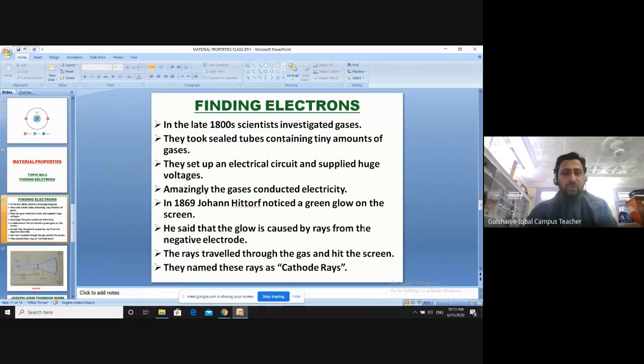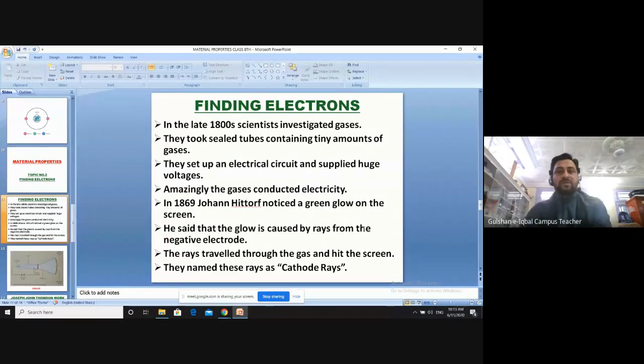He said that the rays travel through the gas and hit the screen. So he named these rays cathode rays. Now the investigation started.